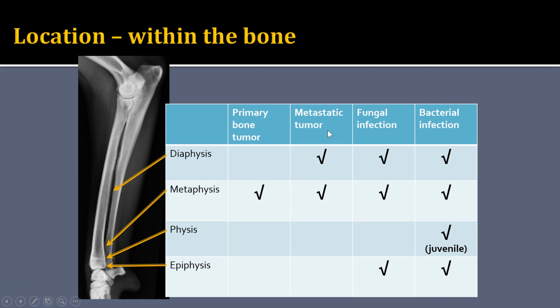Whereas if we are thinking about metastatic tumor, they affect diaphysis and metaphysis pretty equally. Fungal infection will affect pretty much all of those locations, and then bacterial infection will affect all of those locations, and particularly in the juvenile patient likes to affect the physis. So again, this is a table for generalities, but you can use it as you're working through other disorders we talk about.